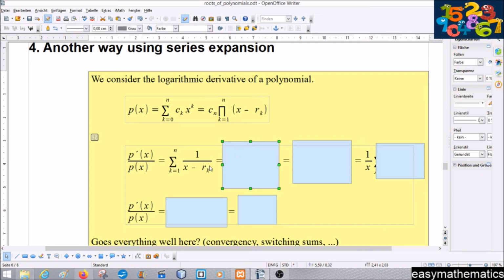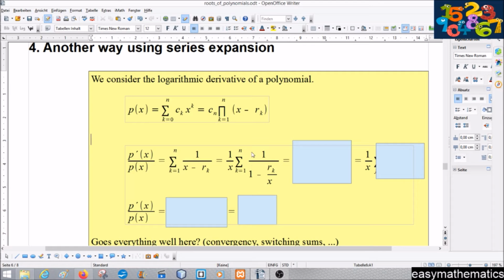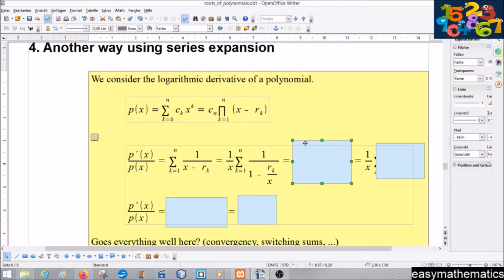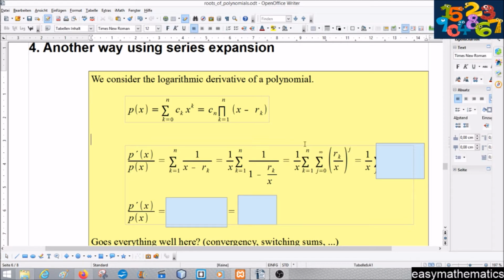And now what we do, we factor out a 1 over x to get this expression. And next we use the geometric series. And for convergence and such, I let you think about the convergence. So we use the geometric series here.